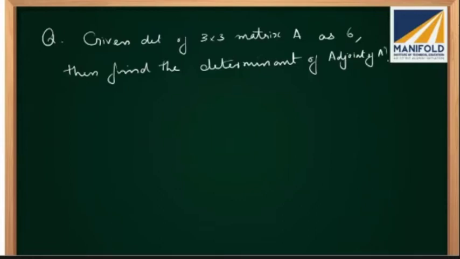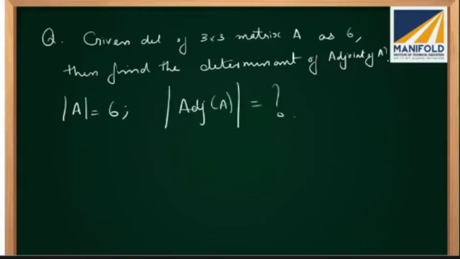You are given the determinant of A to be 6, and you need to find the determinant of the adjoint of A. This is the question. What is the answer? You can try. I'll give you 2 minutes.